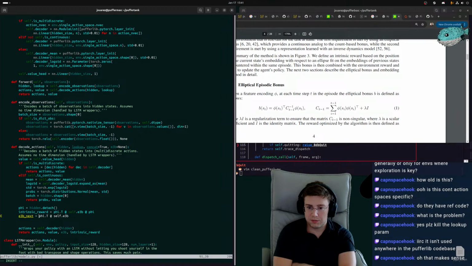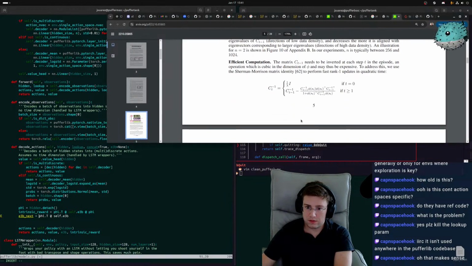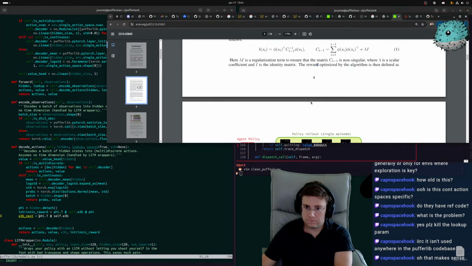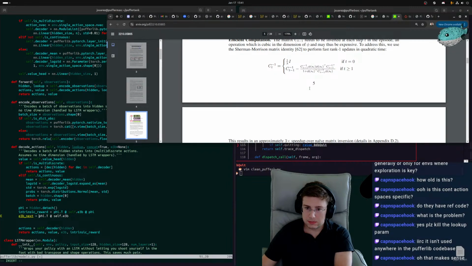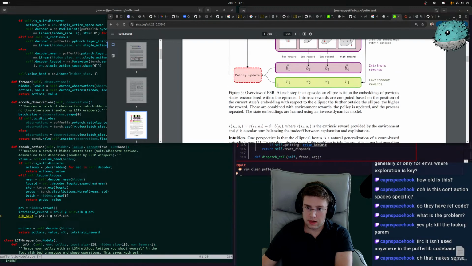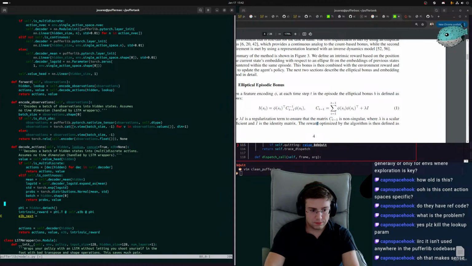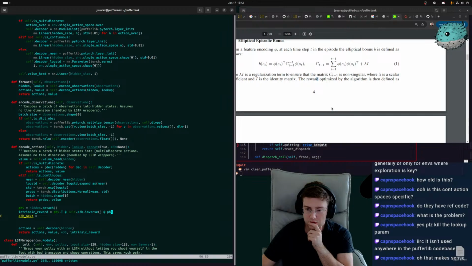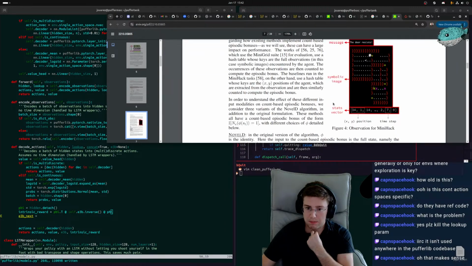Then it has to get initialized to something, doesn't it? One over lambda I. So it's lambda I to start with. What's lambda? They give you lambda?